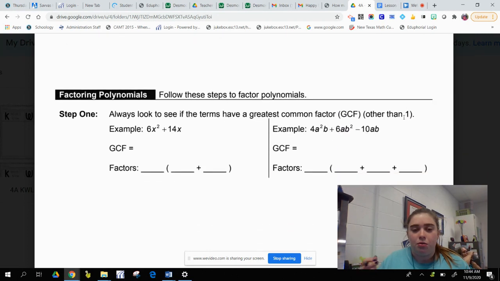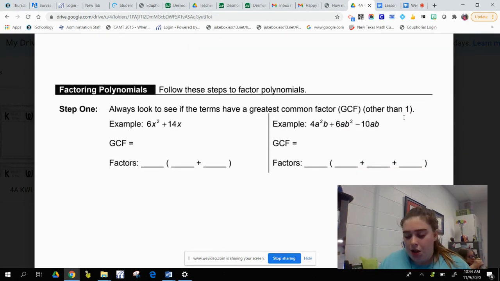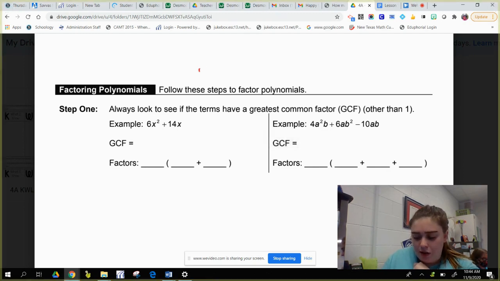Basically, we're going to go through each one on different days, and when we use each of those is going to depend on how many terms are in our polynomial to begin with. So we're going to look at having 2 terms, 3 terms, and 4 terms. Each one of those has a different way that we factor those polynomials, okay?